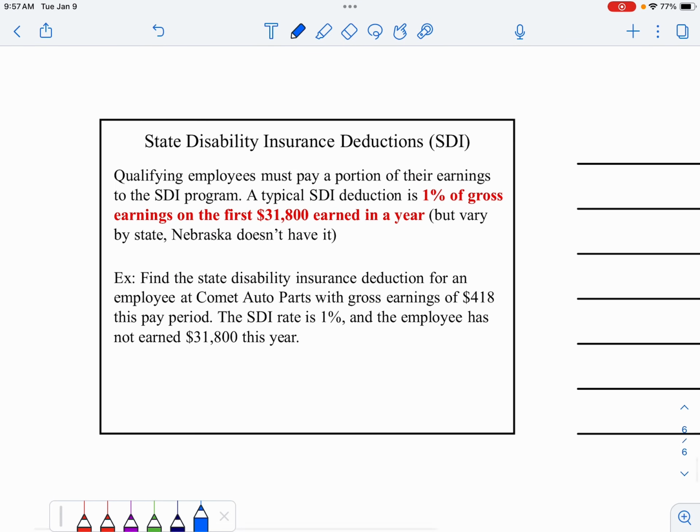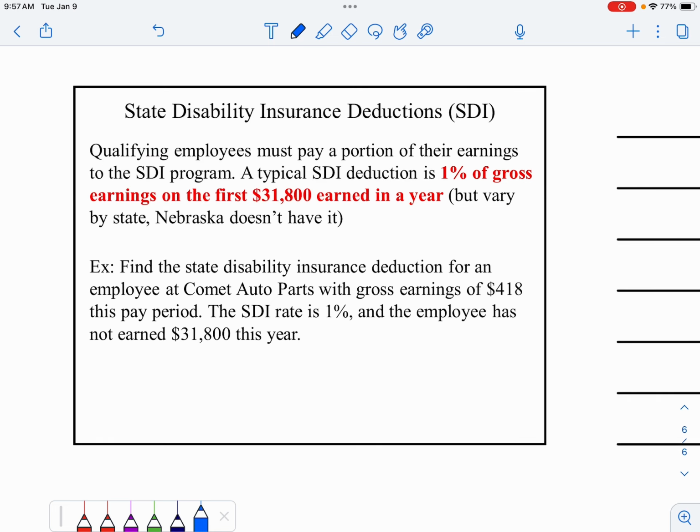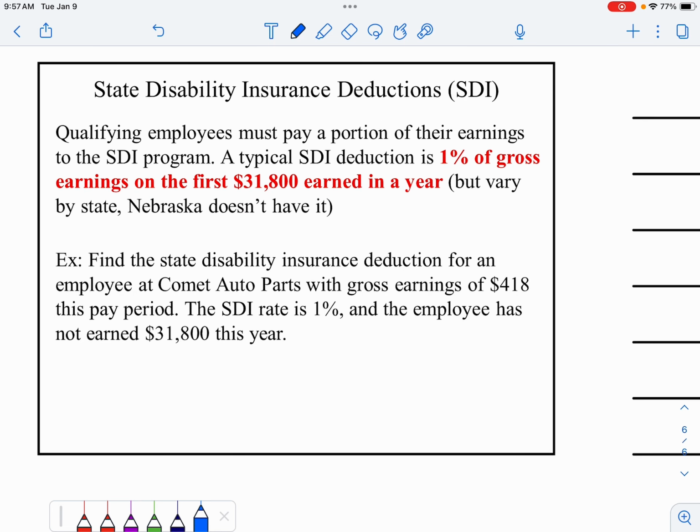Now, the last thing that we would like to talk about is the state disability insurance deduction. So the qualifying employees must pay a portion of their earnings to this SDI, the State Disability Insurance Program.